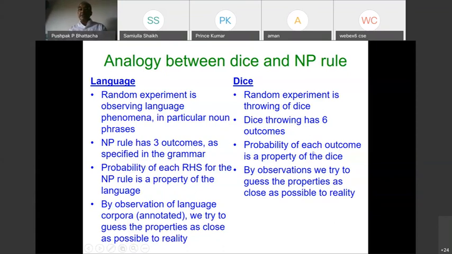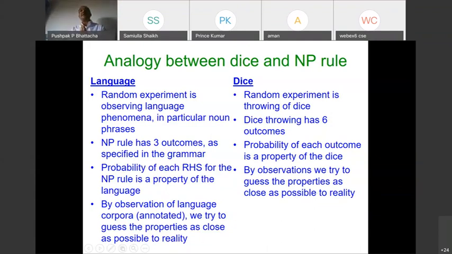The probability of each outcome is a property of the dice: probability of 1, probability of 2, 3, 4, 5, 6. By observation of annotated language corpora, we try to guess the properties as close as possible to reality, even for dice.